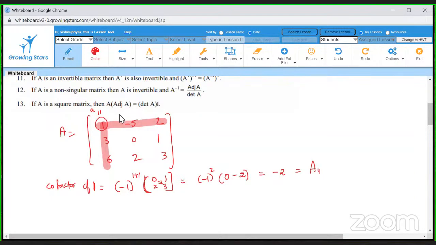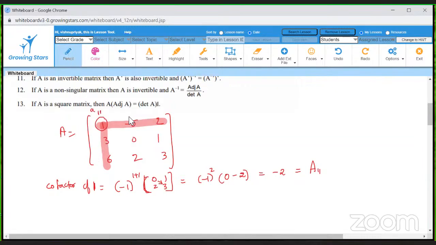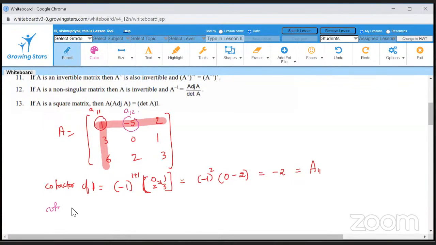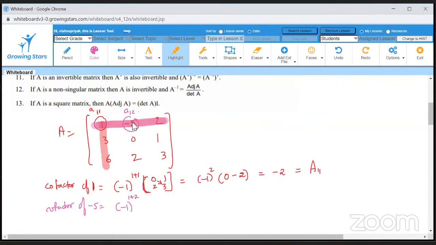Suppose you take another element, for instance this element, A12. So if you write the cofactor of minus 5, how will you write? Minus 1 power 1 plus 2. Then for minus 5, leave the minus 5 row and column.